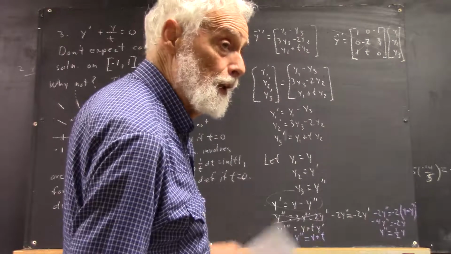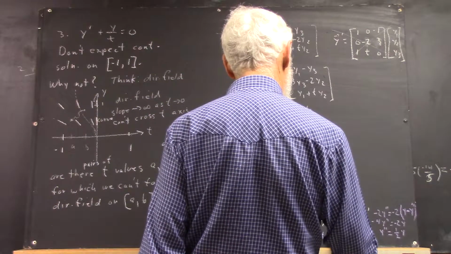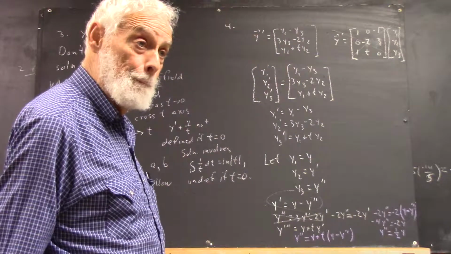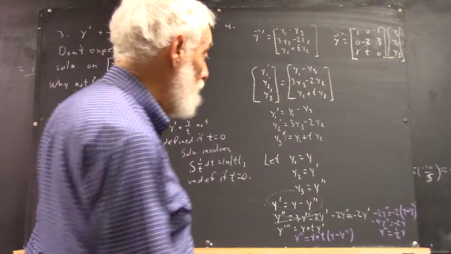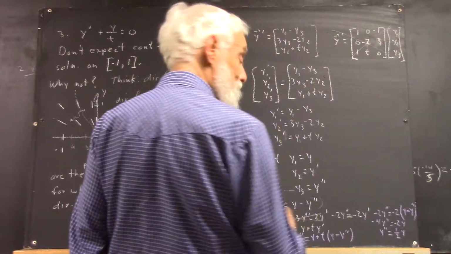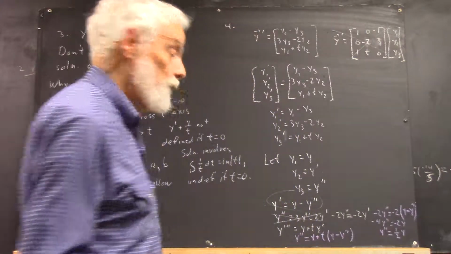That's going to be t times y minus y double prime, right? And now we can use this expression for y double prime to express this, right? So go ahead and do that. Do that last step.